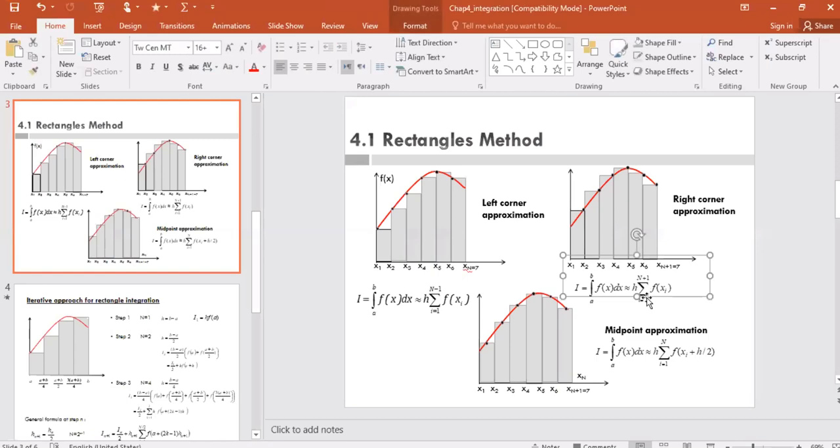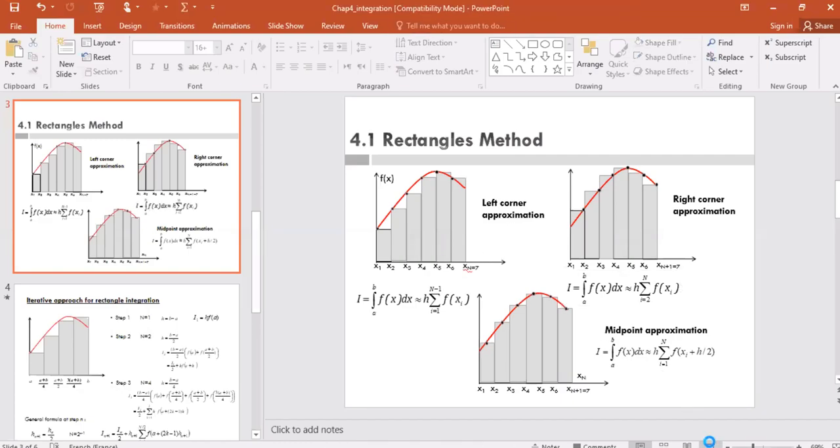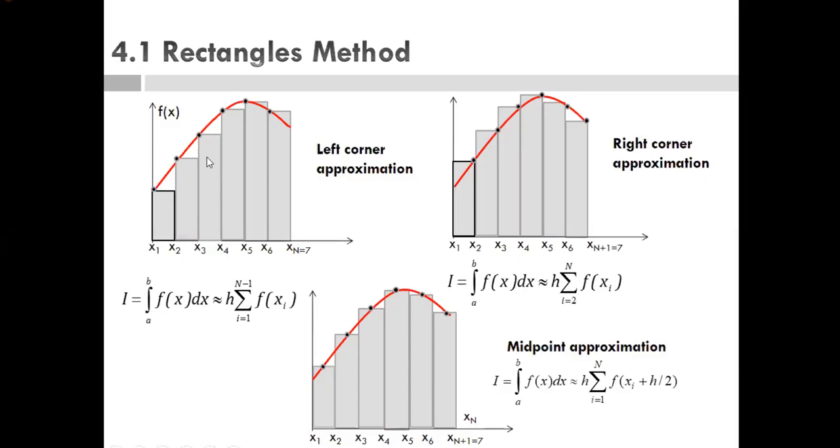Basically, the left corner approximation consists of using, if you have the points x1 till xn, the height of the rectangle.